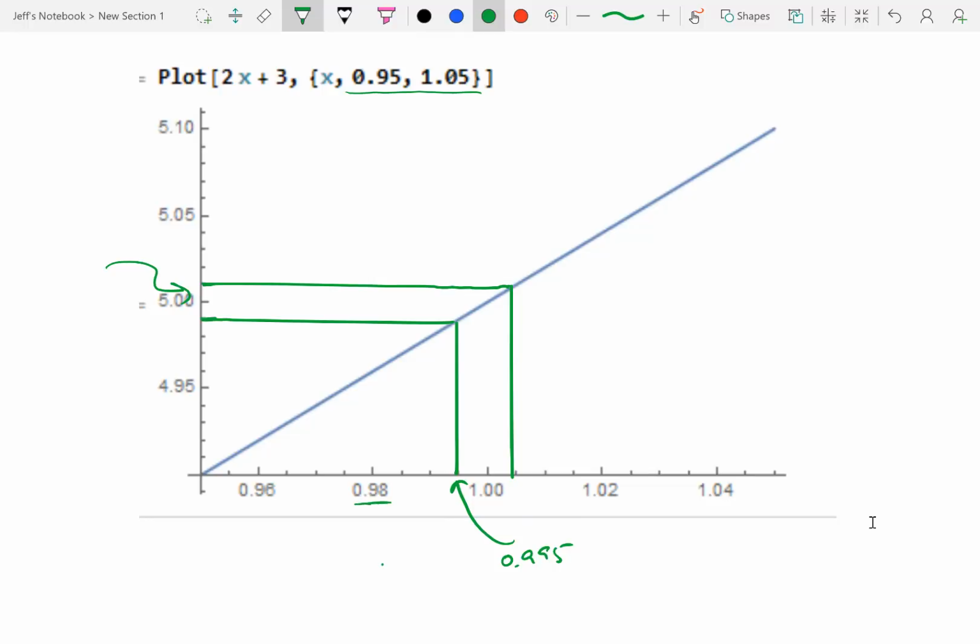So if this is 0.98 and this is 1, then there's 3 tick marks in the middle. Then this is going to be 0.995. And similarly, this point here is going to be 1.005, which were the values that we got when we were doing the math.